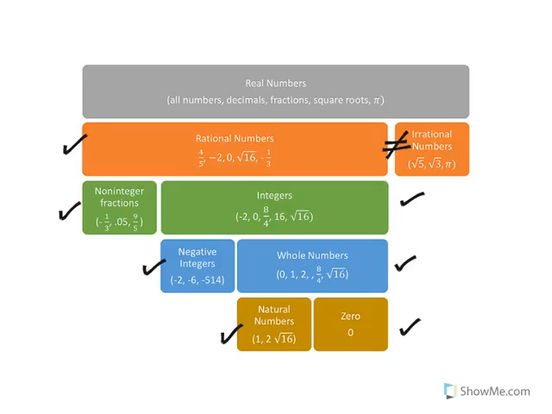You can say that a whole number consists of 0 and natural numbers. You can say that 0 is a whole number, 0 is an integer, 0 is a rational number, 0 is a real number. But you can't say anything on these boxes to the left are irrational. However, irrational numbers and rational numbers consist of all real numbers. So anything on this page is going to be called a real number.